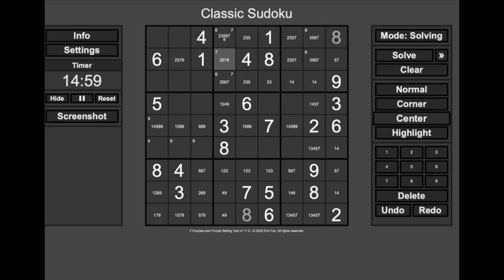Oh, that can't be 3. See, that can't be 3 either. Well, that's annoying. Neither can that. That means a 3 must go here.